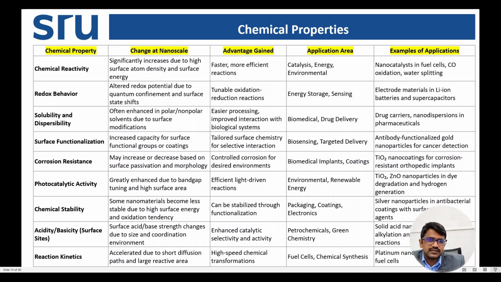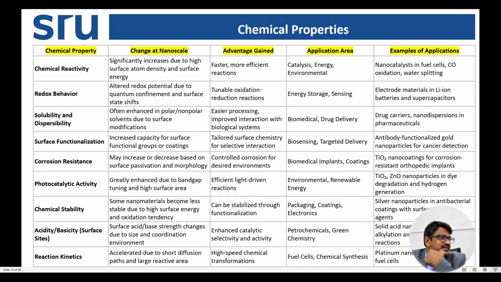Okay, we can change the pH. So advantages: what are the changes? Surface acid base strength changes due to size and coordination environment, right? So by changing coordination, by changing the surface, we can change the pH.